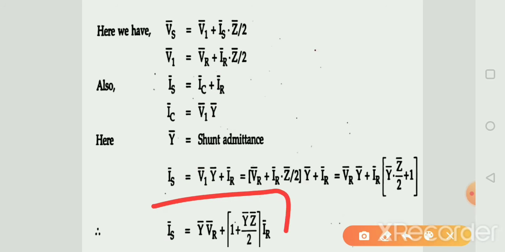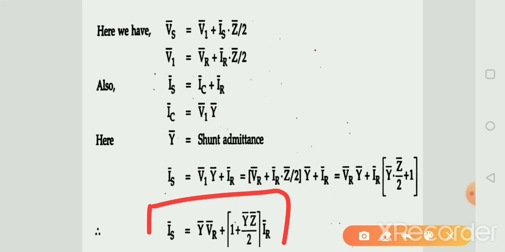Now we take IR common. Now the term becomes VR into Y plus IR into (YZ by 2 plus 1). Now our equation becomes Is equal to Y VR plus (1 plus YZ upon 2) into IR.